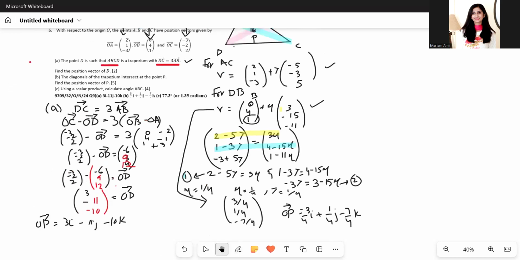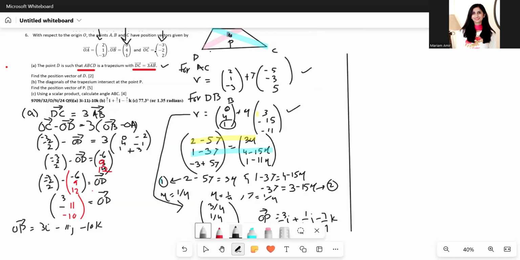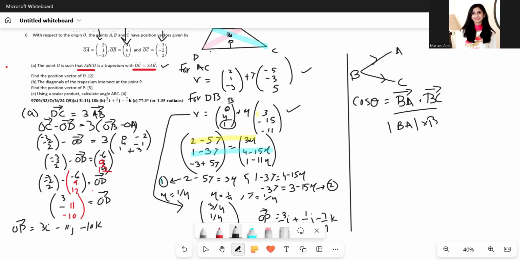And in the last part, we have to use a scalar product to calculate the angle ABC. So ABC is this angle. So we may write outwards angles. So if we're using the outward direction, it's going to be cos theta equals BA dot BC upon magnitude of BA times magnitude of BC.